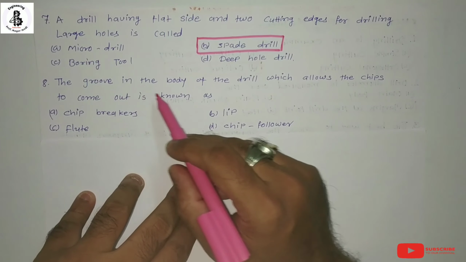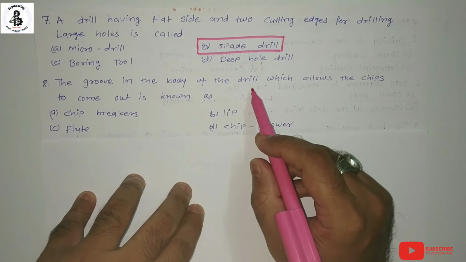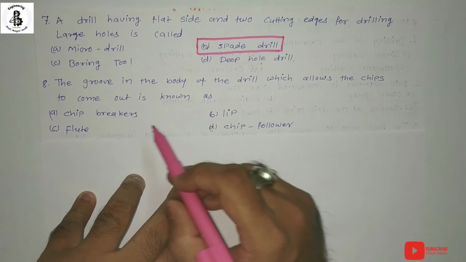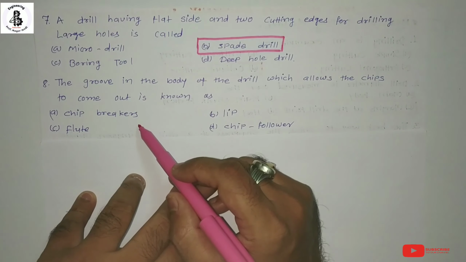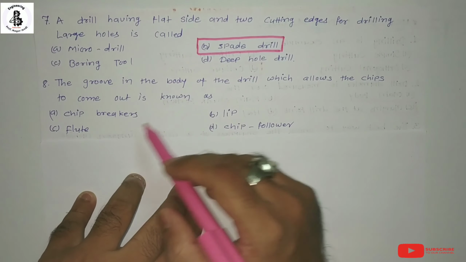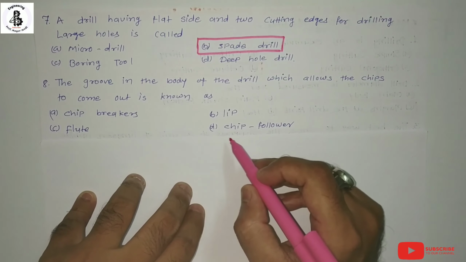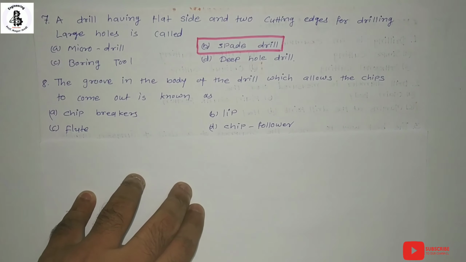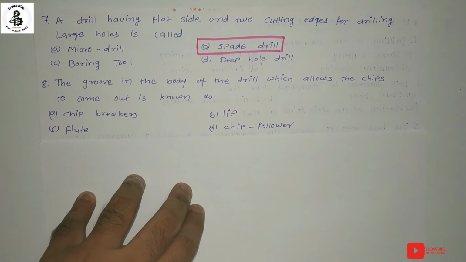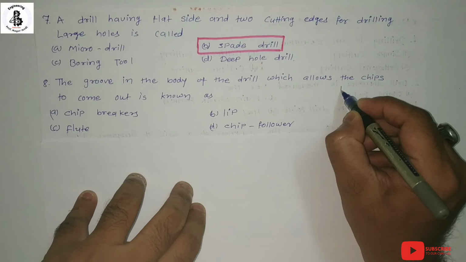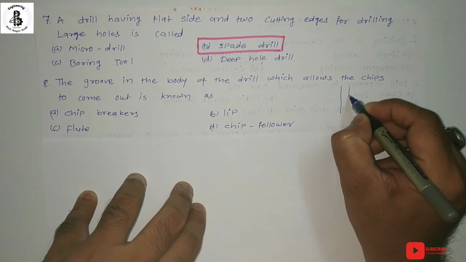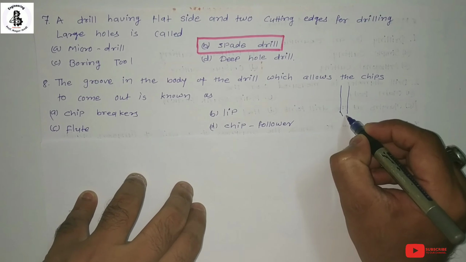The groove in the body of the drill which allows the chips to come out is known as option A, chip breakers, option B, lip, option C, flute, and option D, chip followers. So basically the cut portion, or chips, come out with the help of flutes. So just you can see, this is our drill.